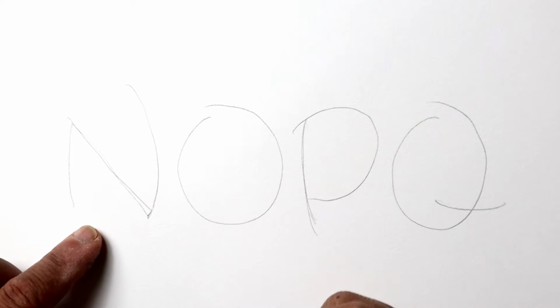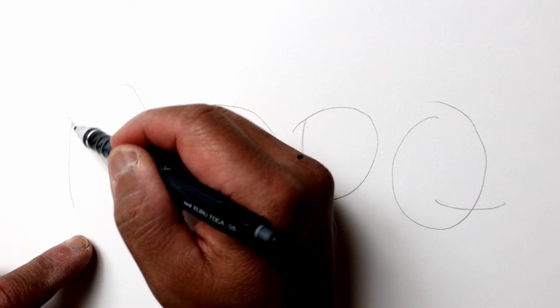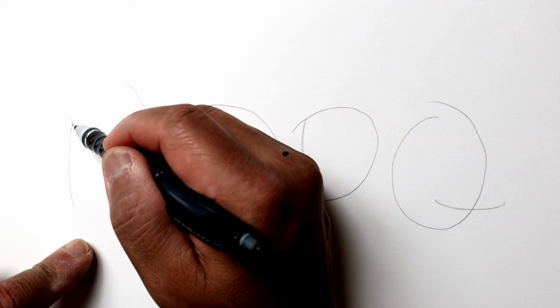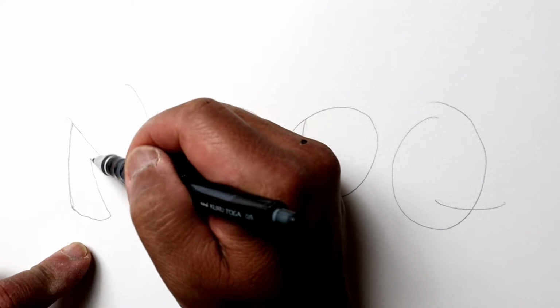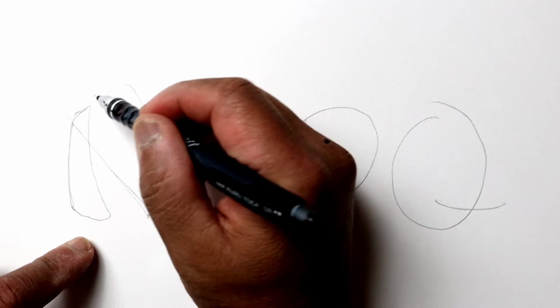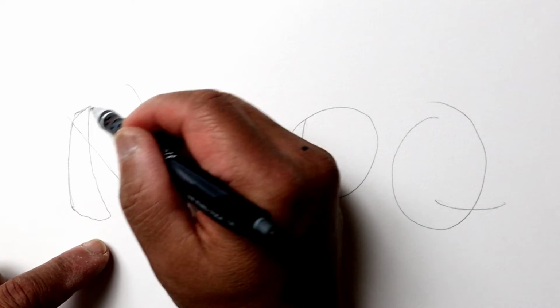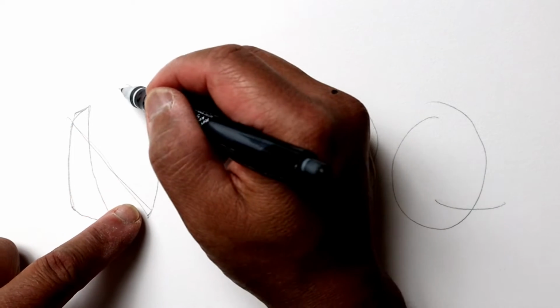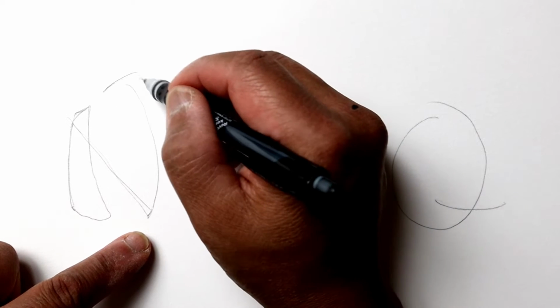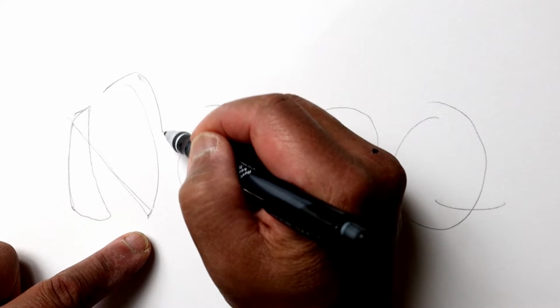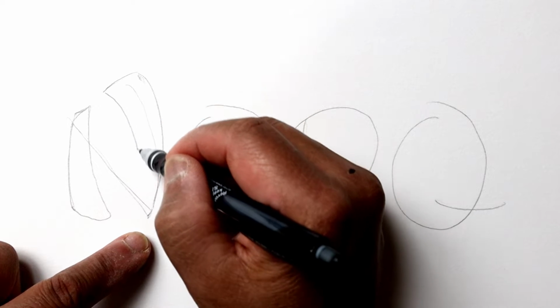Alright, let's work on these one at a time. So let's look at this first stem and make it wider here at the bottom and narrowing at the top and finish with an angled line. And let's do this side, and I'm going to make the top part quite wide and narrowing down.